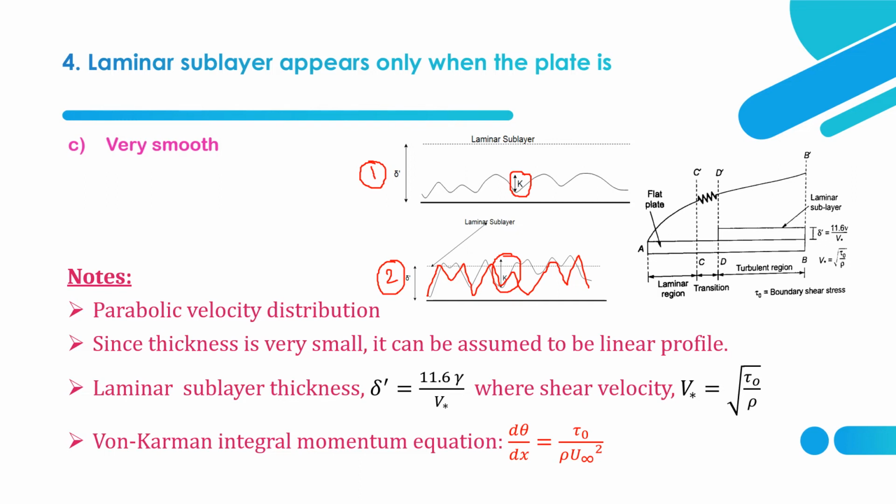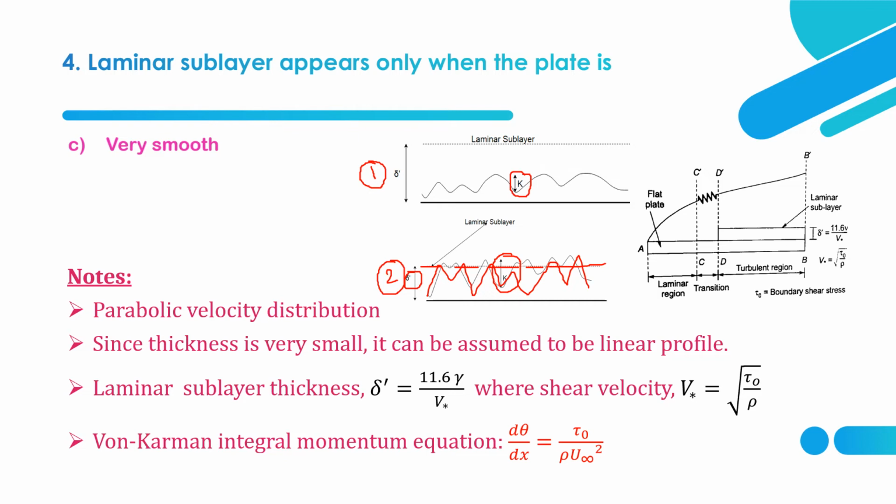So the k value is very large when compared to the laminar sublayer thickness. So that means in a rough plate, laminar sublayer does not exist, because you can see this dotted line. Above this dotted line also there is some roughness. Here lies the laminar sublayer. So that indirectly means laminar sublayer is not appearing in a rough flat plate.